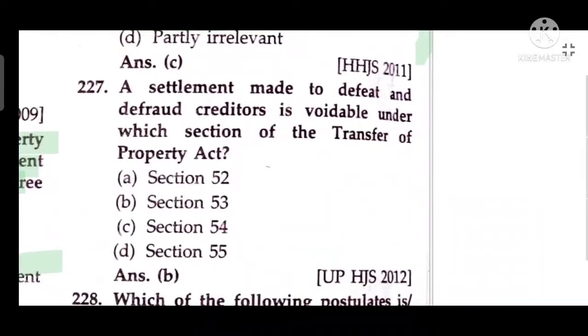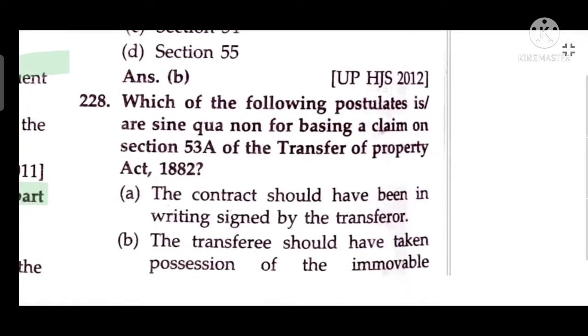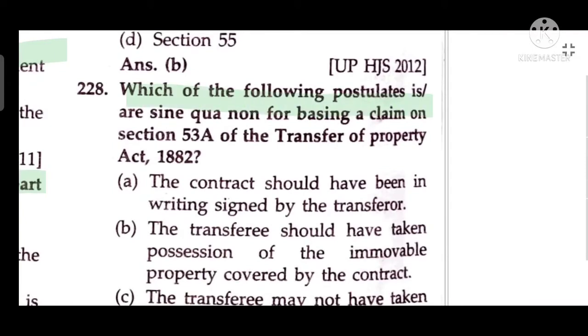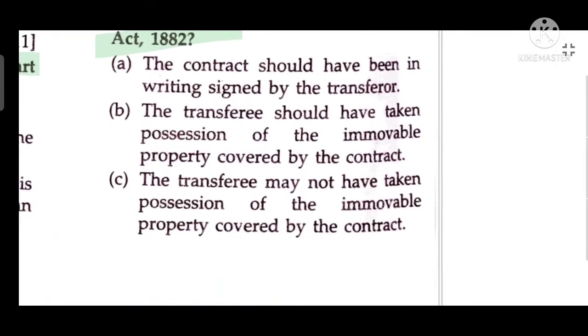A settlement made to defeat or defraud the creditor is voidable under which section of the Transfer of Property Act? Section 53. Which one of the following postulates is a sine qua non for the basis of a claim under Section 53A of the Transfer of Property Act?